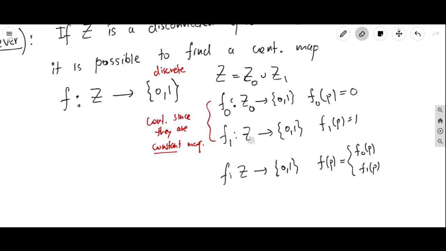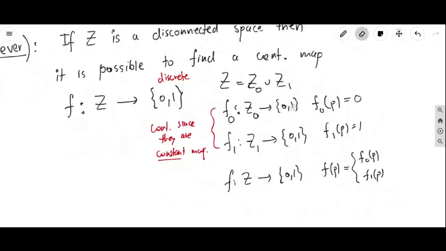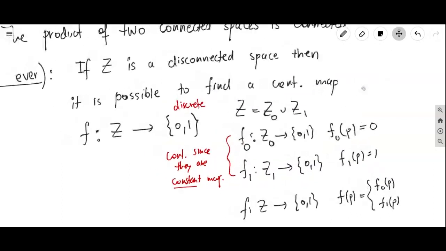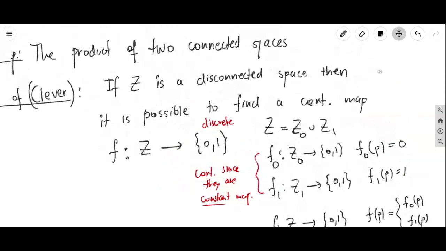And you had an exercise on the homework that if a set can be written as a union of open sets, and the functions restricted to each of the open sets are continuous, then the glued function defined on the union will also be continuous. So this is what you call gluing continuous functions together. Okay, so that's the idea.